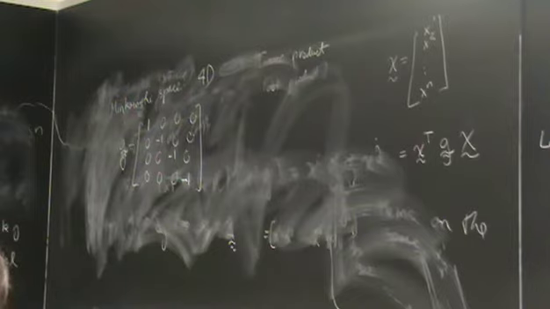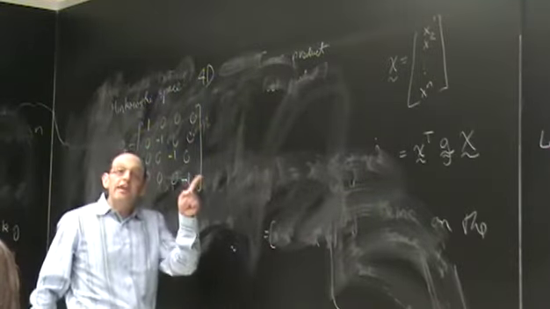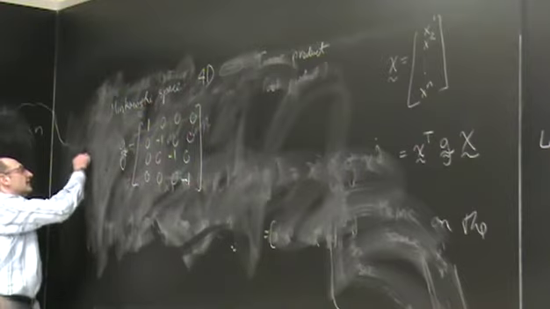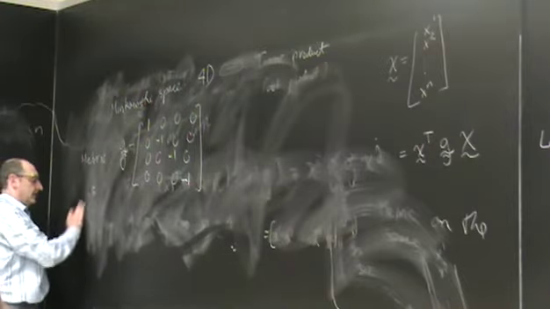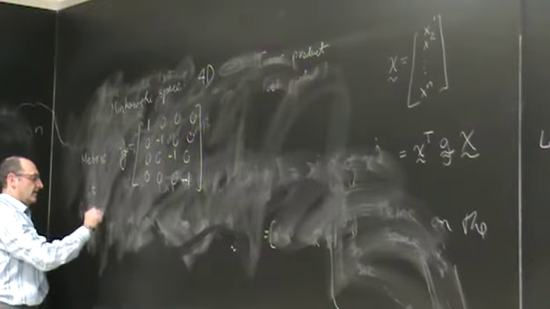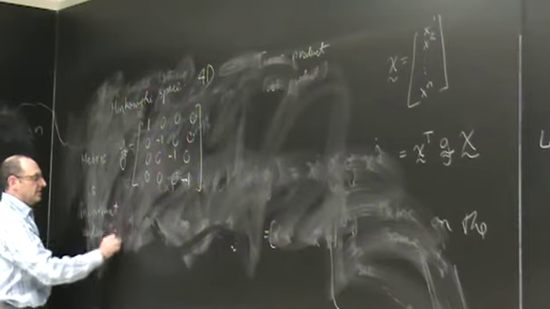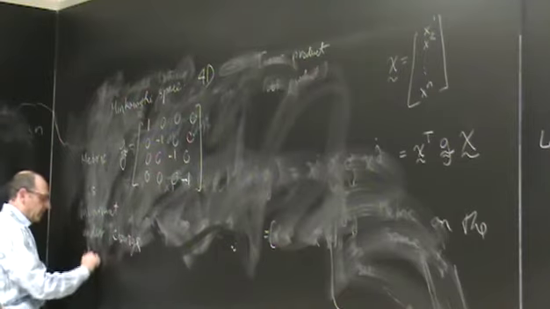Okay? How do we know that this is the metric tensor? Because this is the metric that is invariant under change of inertial frame.